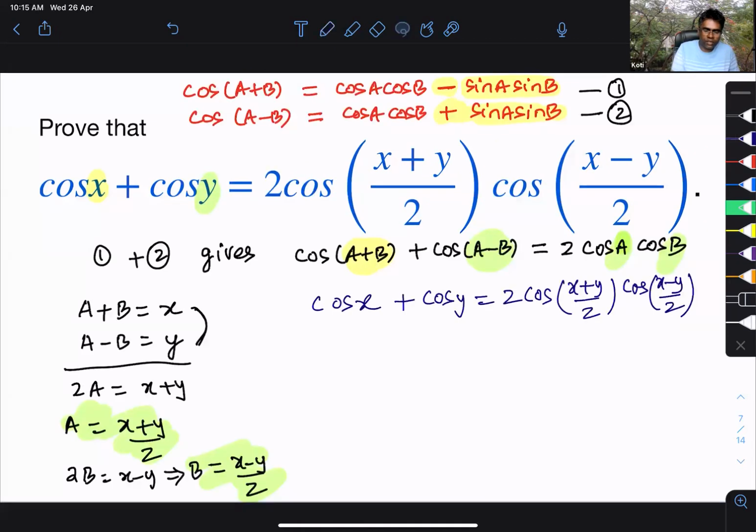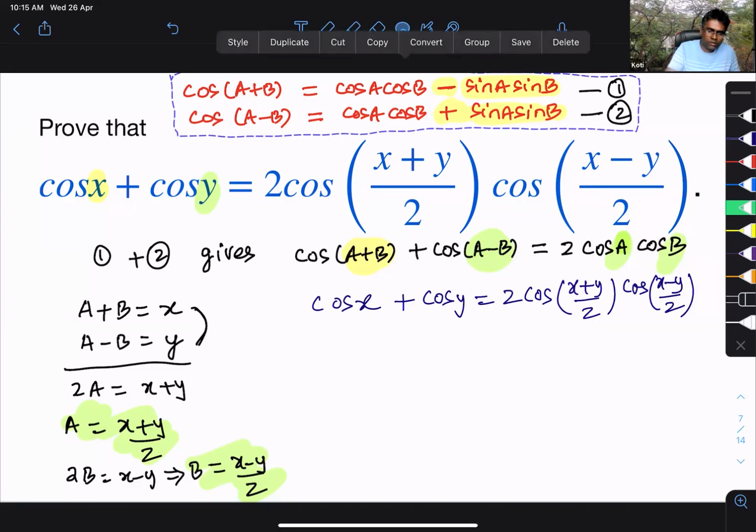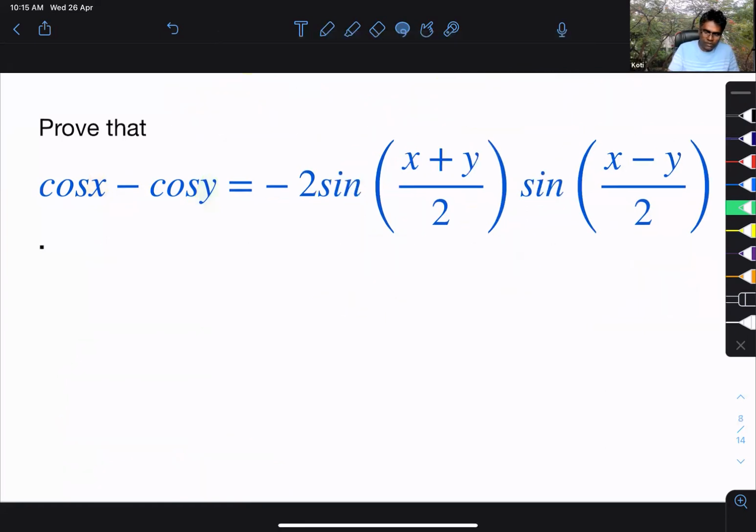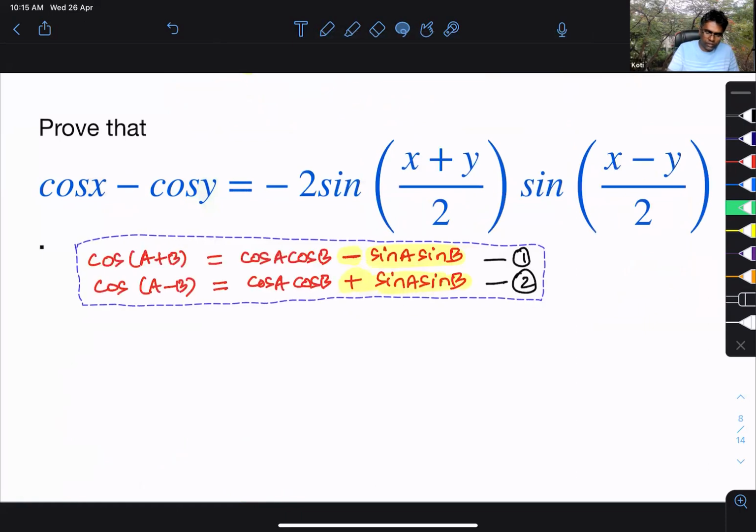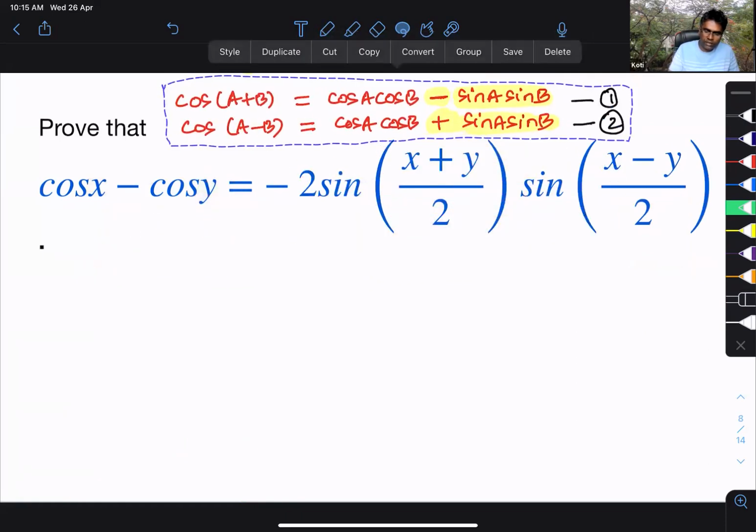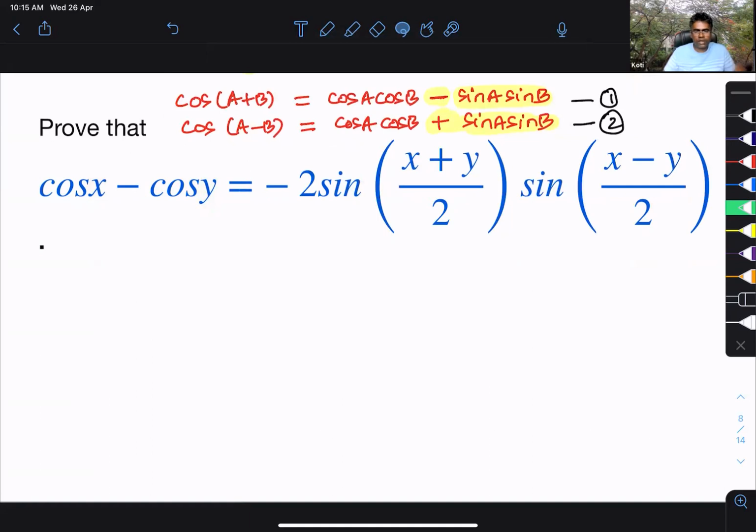Let me copy these. I'll start with these two identities, 1 and 2. In the previous case, we didn't want sine into sine, but now we want it.